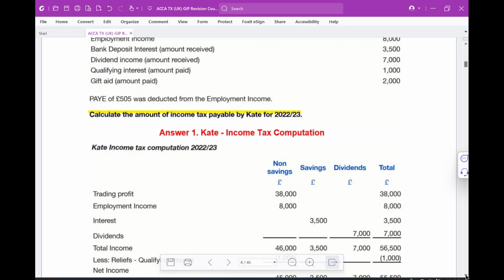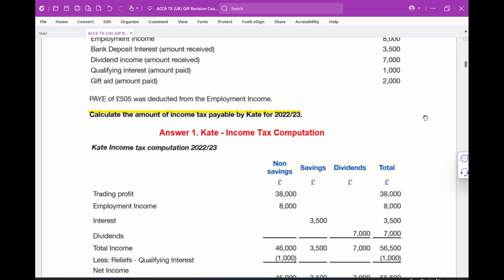And sometimes within tax exams, and indeed within income tax computations, we need to guess. Remember that in terms of calculating the income tax payable, it's the examiner's job to stop you and to get you to perhaps ponder in certain areas. In other words, to dwell on things, to waste time.